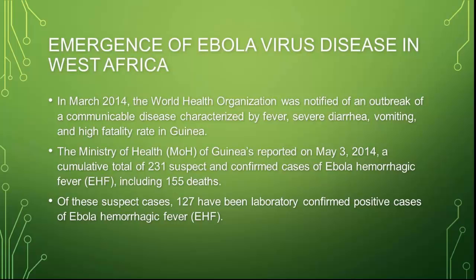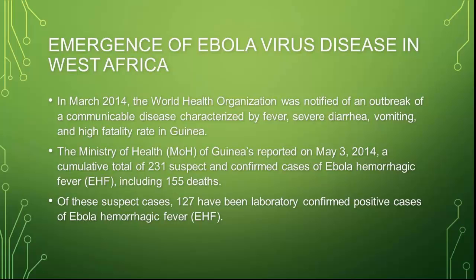As you all are aware, in March 2014, the World Health Organization was notified of an outbreak of a communicable disease characterized by fever, severe diarrhea, vomiting, and a high fatality rate in Guinea. The Ministry of Health of Guinea reported on May 3rd, a week ago, a cumulative total of 231 suspect and confirmed cases of hemorrhagic fever, including 155 deaths.